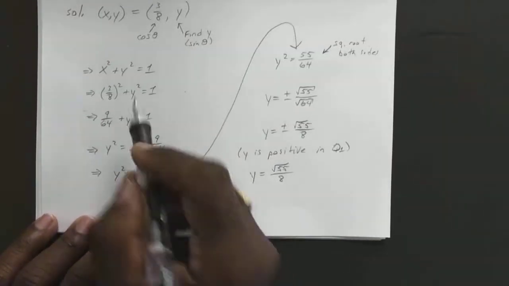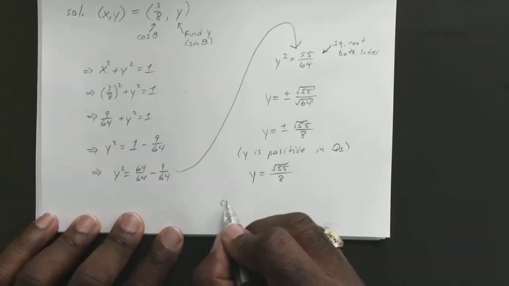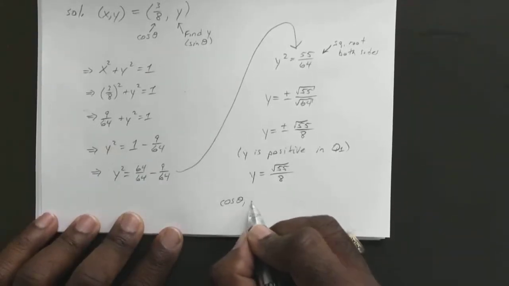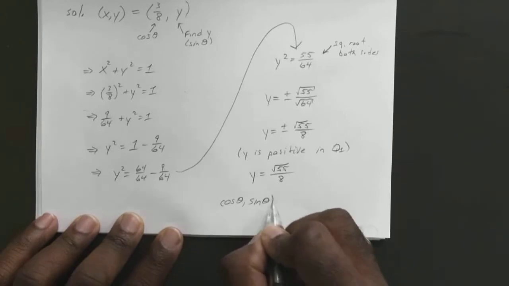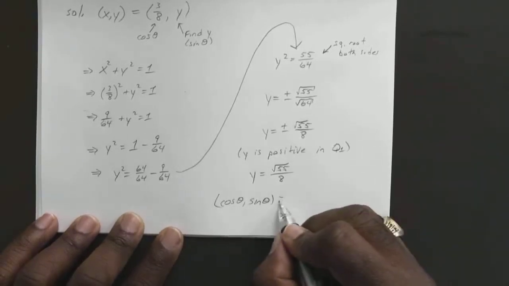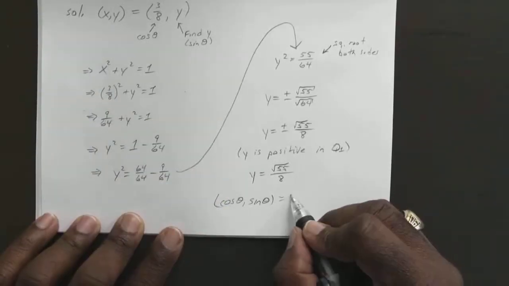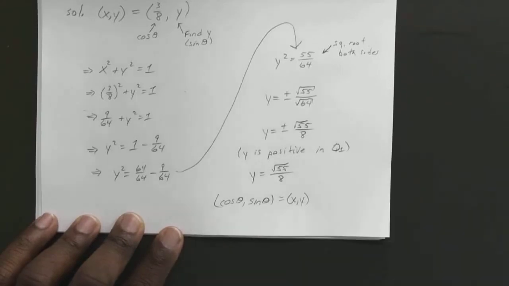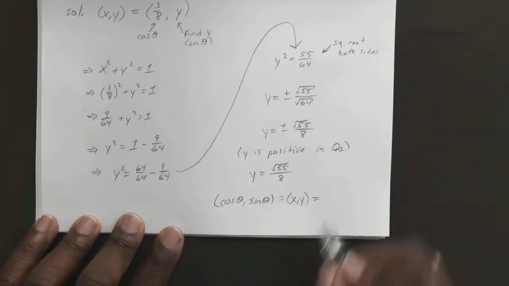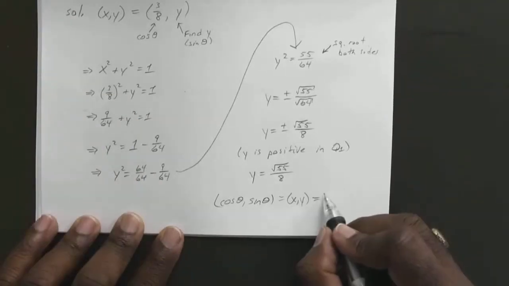So we already know, just from the very beginning, that our cosine of theta, sine of theta, is equal to, remember, that's just your x comma y, which is equal to 3 over 8.